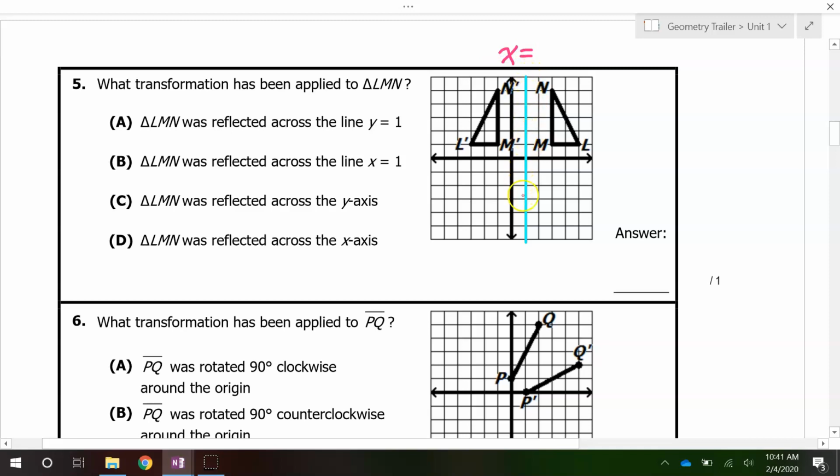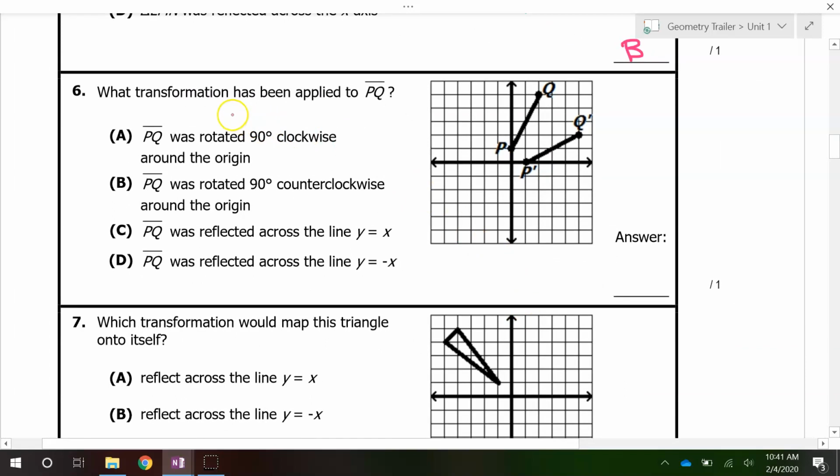So this vertical line is at the number 1. So this is the line x equals 1. So since this is the reflection line, then we would say that the triangle was reflected over the line x equals 1. So that's why the answer is B. All right, notice that even though the x-axis is horizontal, the line x equals a number is vertical. So it's kind of the opposite of what you would normally think.